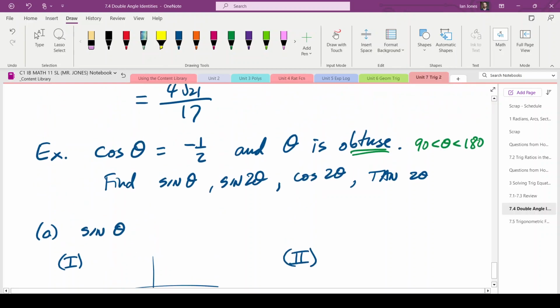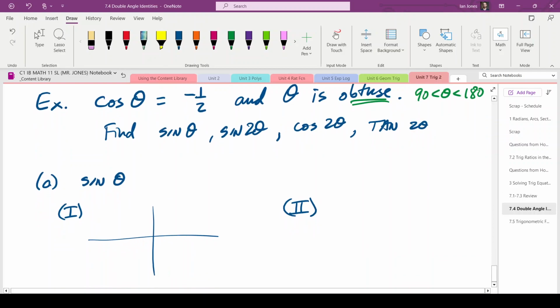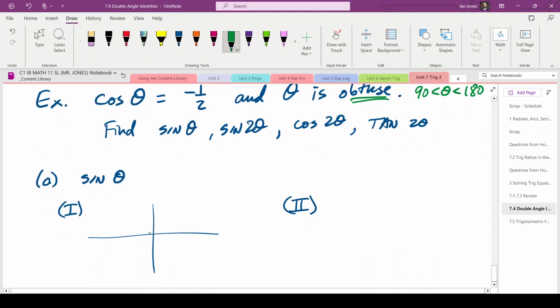We also know that cosine is negative 1 over 2. And so the x direction here has to be half as big as the radius. So there's my picture of this obtuse angle, and that's all I need to find anything I want.